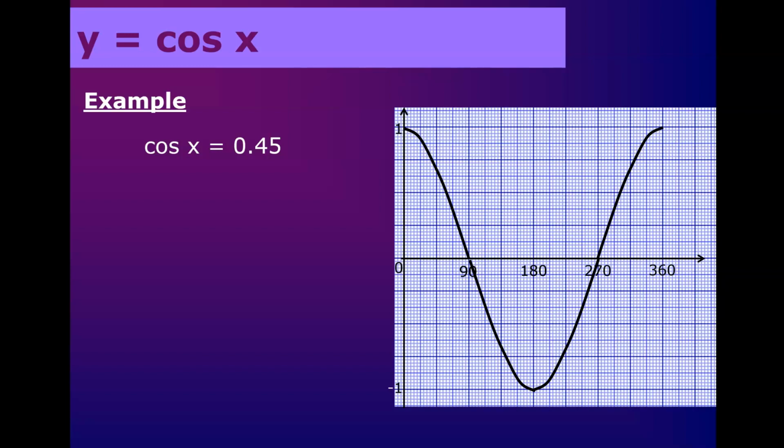Okay, so hopefully you did the inverse function of 0.45 on your calculator, which would have given you, oh, that's not a very nice number, is it? 63.25. I've got 63.26 when I round it. Okay, it is 63.26.